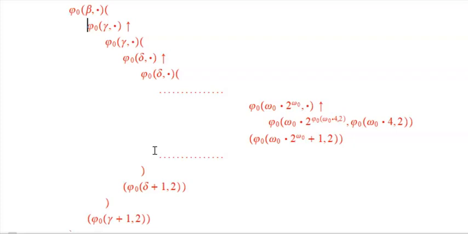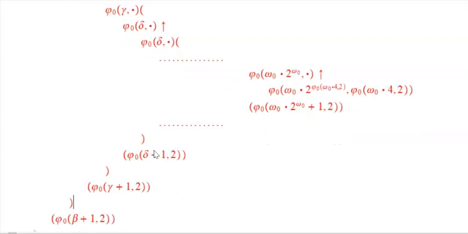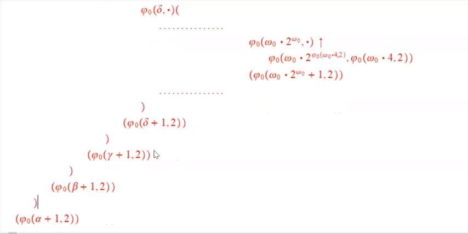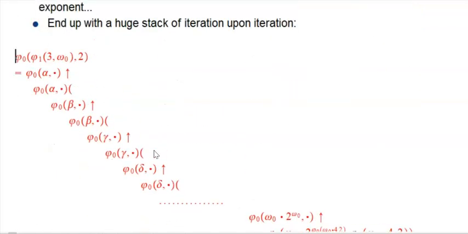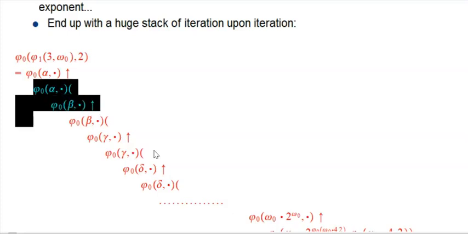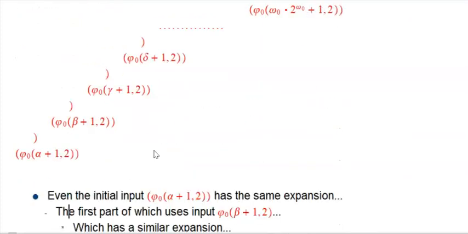And that was the iteration exponent of another phi naught of gamma raised to all this power, acting on a gamma plus 1. And then that was put into a beta level, and that was put in the alpha level. And the outer level, that's the input. And the iteration exponent was all this stuff as the iteration exponent on an alpha level phi naught.